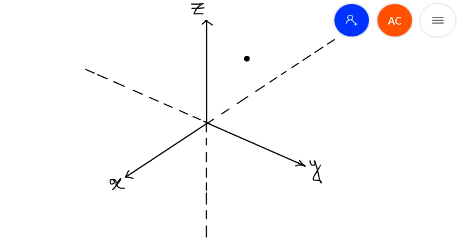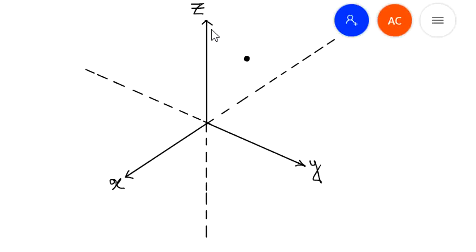To understand rho, phi, z clearly, let's take the interpretation that we described earlier for this point. The first one is rho. Rho is the distance from the central axis. In this figure, we can see that z is our central axis. So rho should be the distance from this z axis, right?